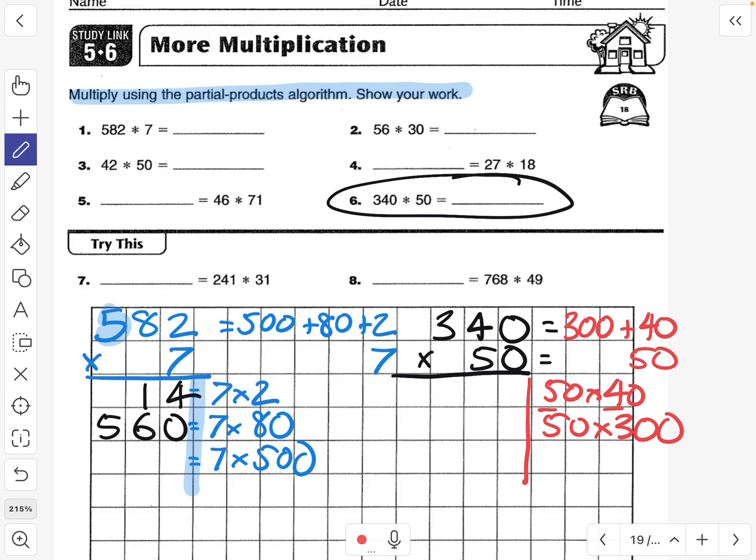So this is 5 times 4, which is 20, and then 2 zeros. Put the zeros first and then the 20. This is 5 times 3, 15, plus 1, 2, 3 zeros. 1, 2, 3. 15. And then you add them together. I'm not going to do it for you. You're the math student. You do the work.